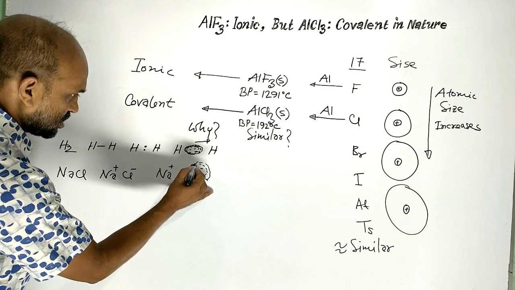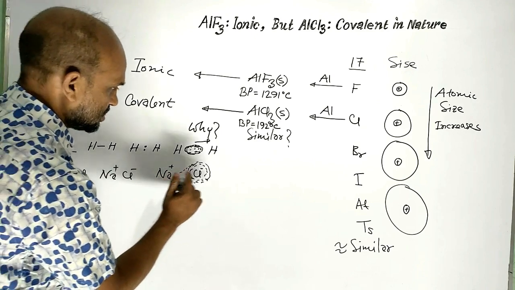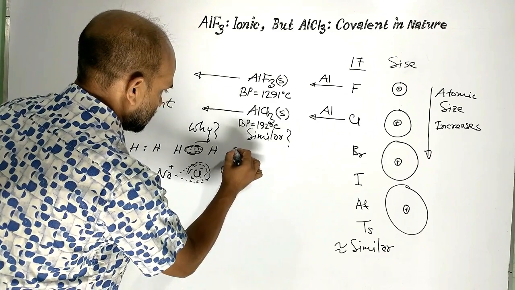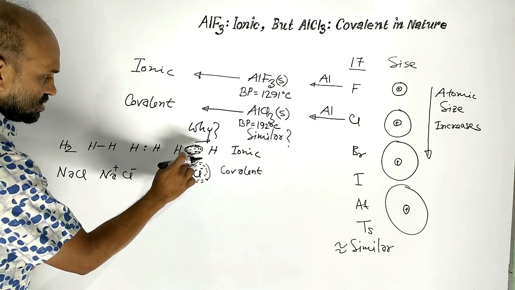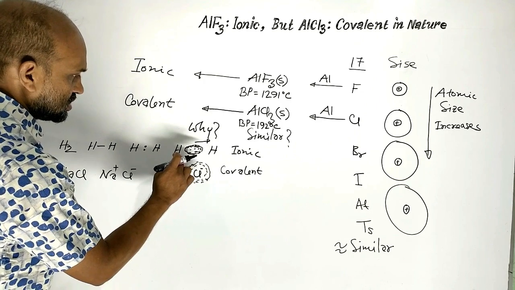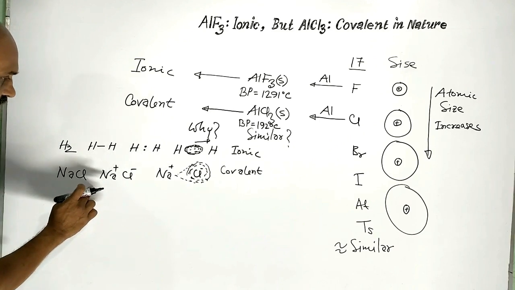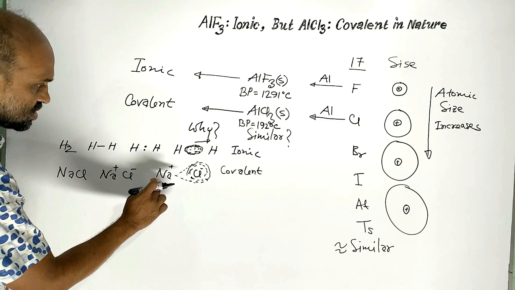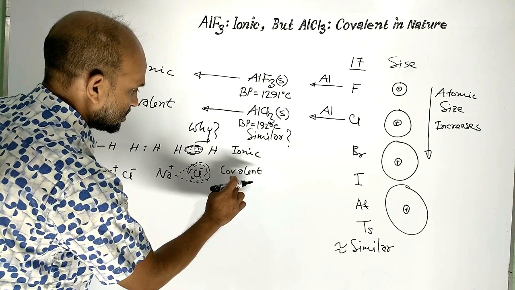Similarly, in case of an ionic compound, when this electron cloud moves towards the cation due to its attraction, then this ionic compound turns into covalent in nature.